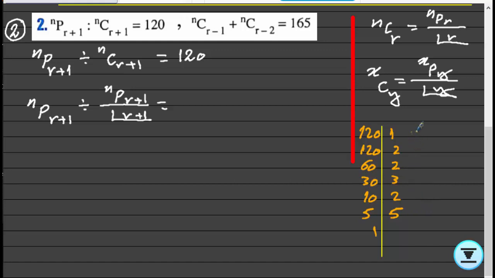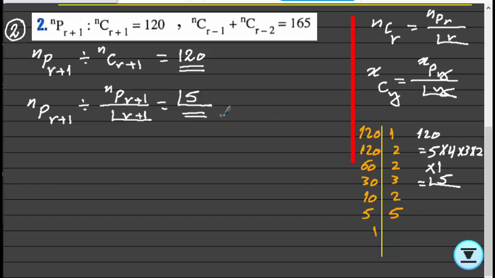So we can write it in the product. 120 equals 5 multiply 2 multiply 2, it's 4, multiply 3, multiply 2, multiply 1, it is equal factorial 5. Okay, factorial 5 here. So 120 equals factorial 5.